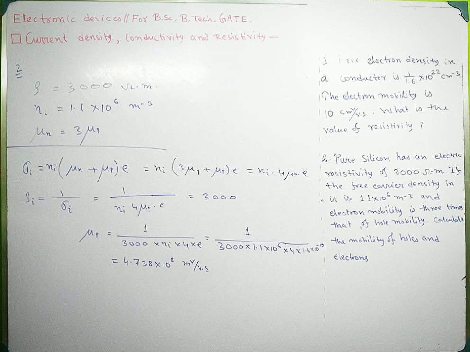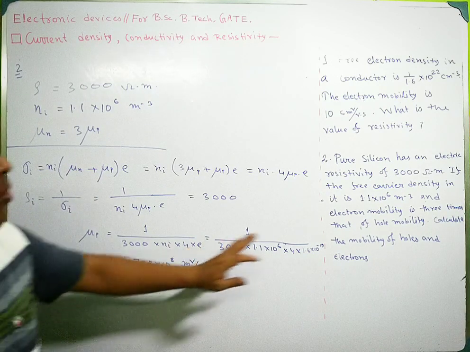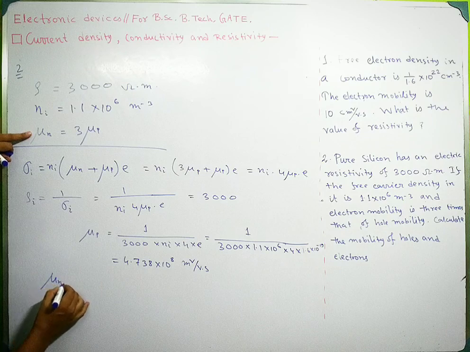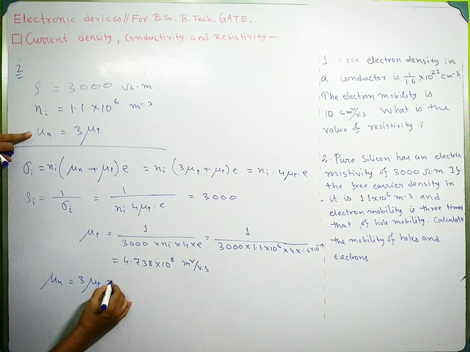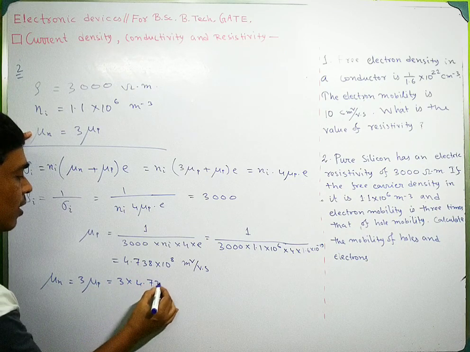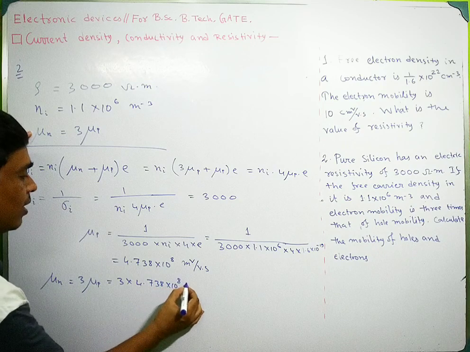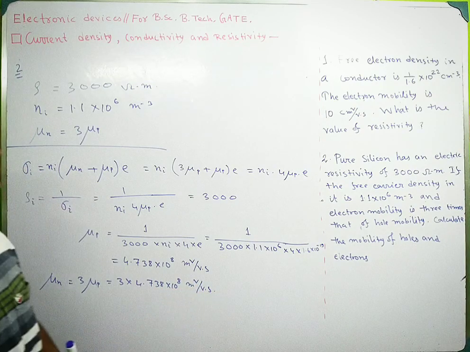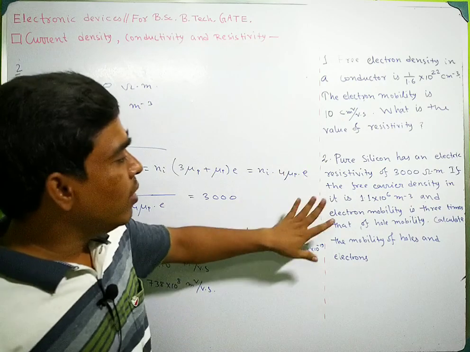This is the mobility for holes. Now to calculate the mobility for electrons, mu n equals 3 mu p, so you only have to multiply this value by 3. In this way you can solve this problem.